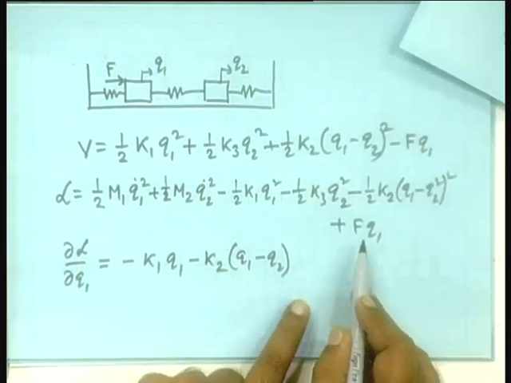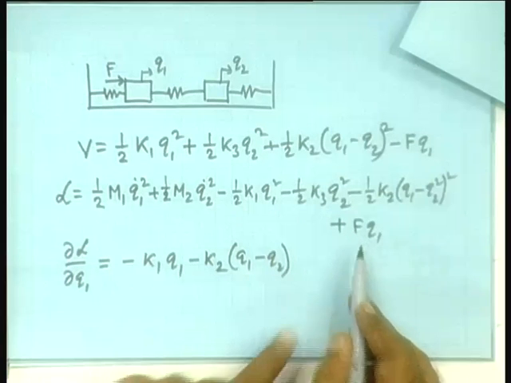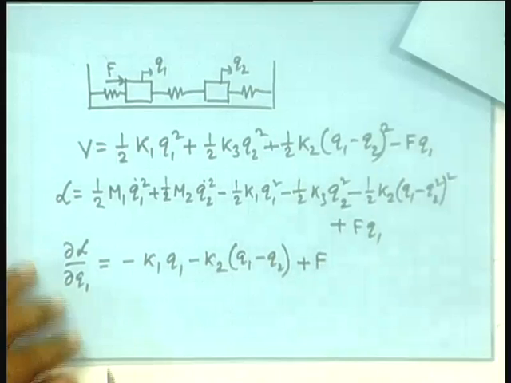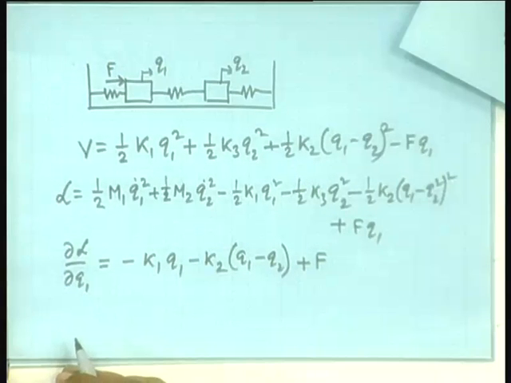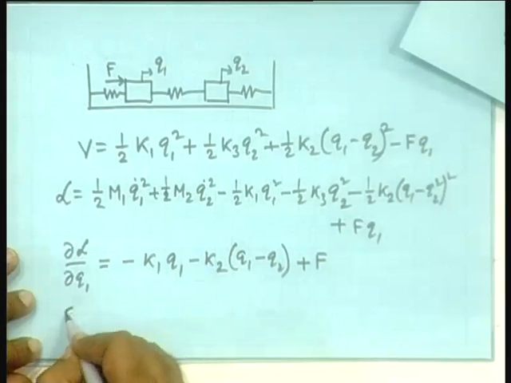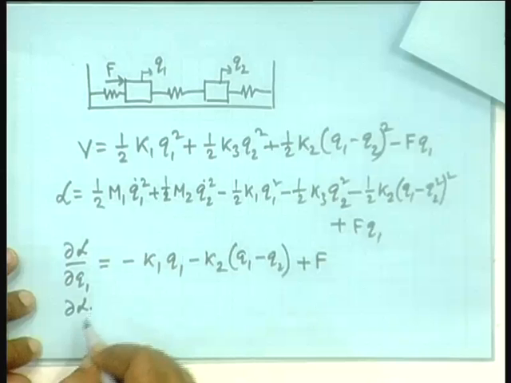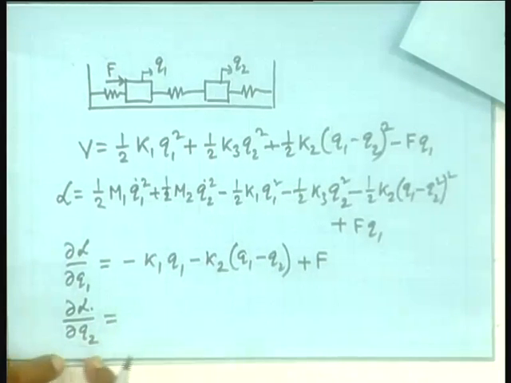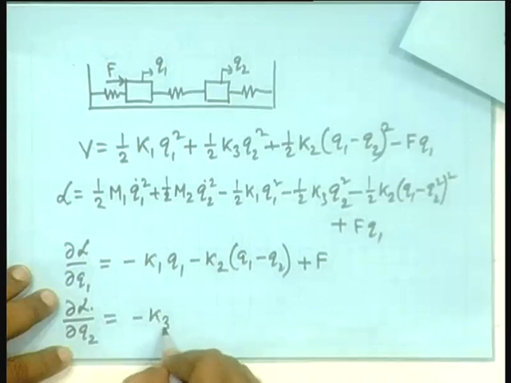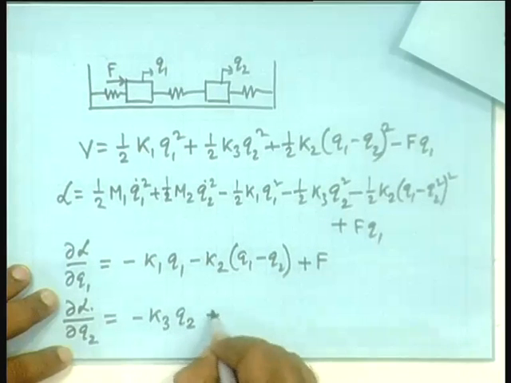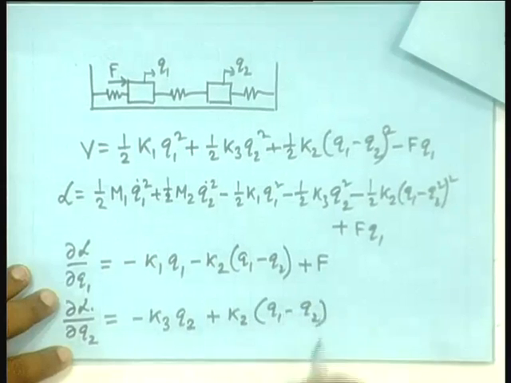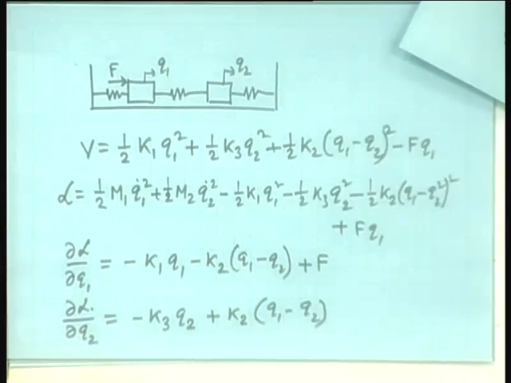Now this will be added to that, so it would be plus F. But that will not happen if you differentiate with respect to q2. That remains the same: minus k3 q2 plus k2 (q1 minus q2). Okay.